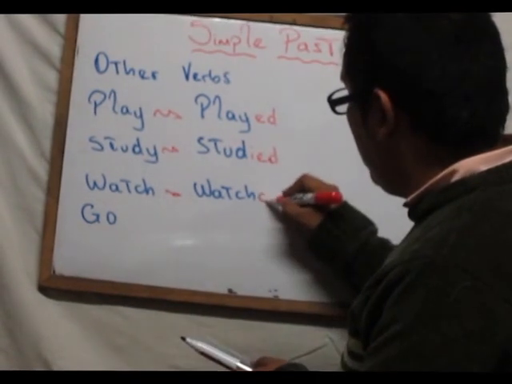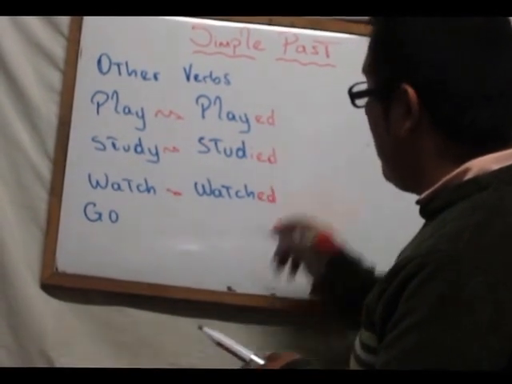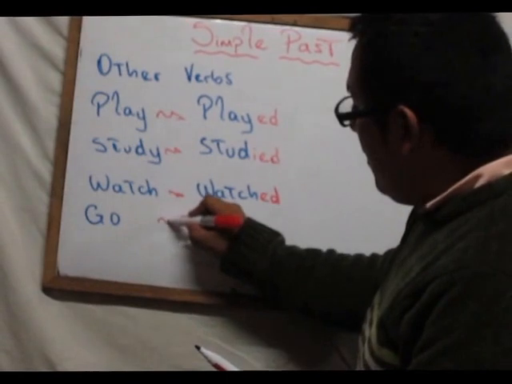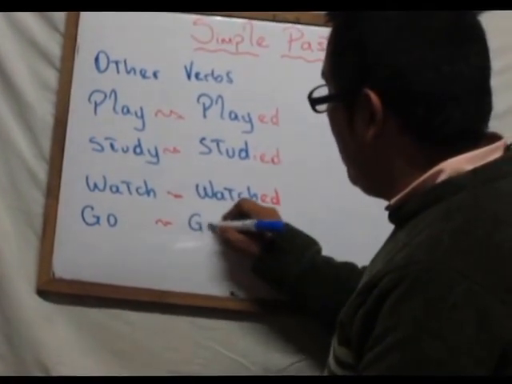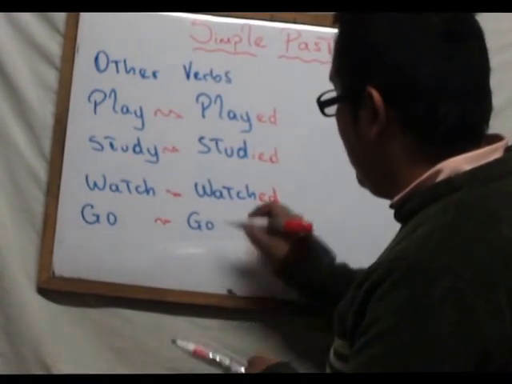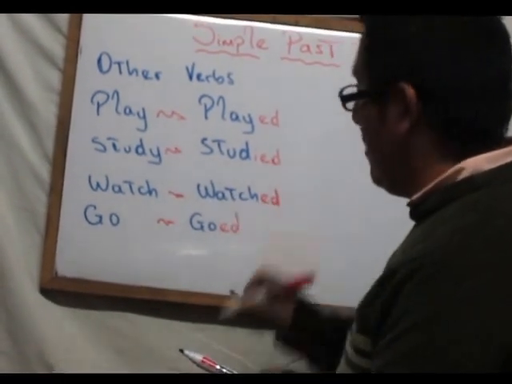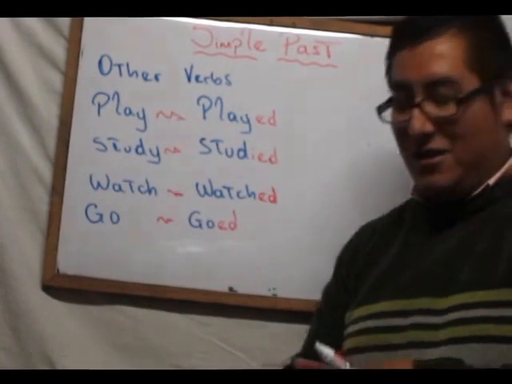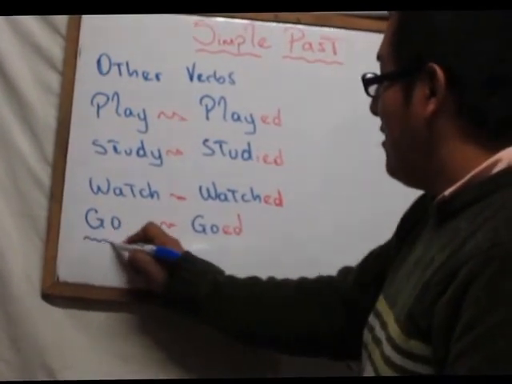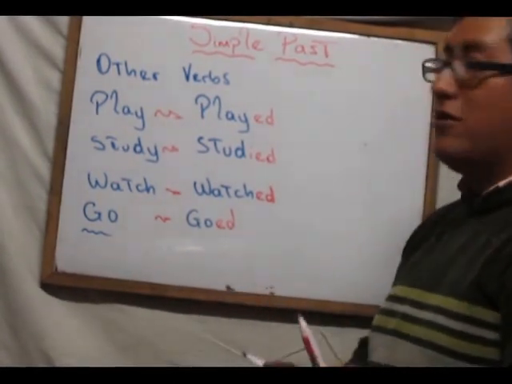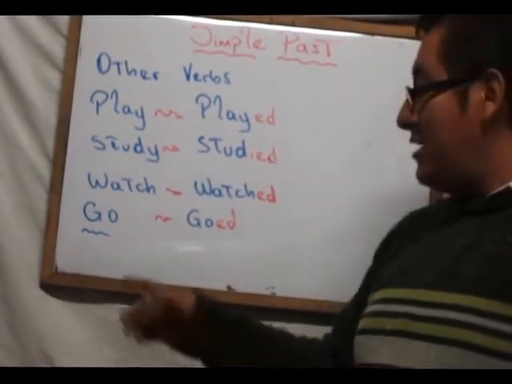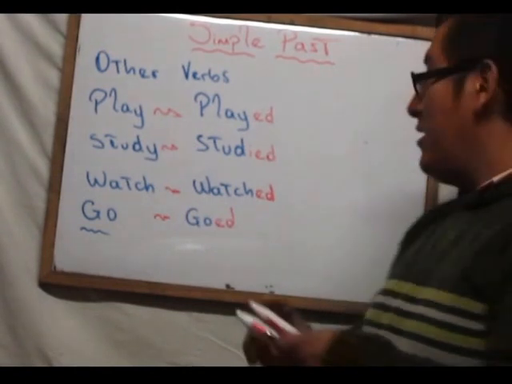Watched. And the verb go? Goed? No, right? This verb does not take ed at the end. Why? Because this verb is irregular.